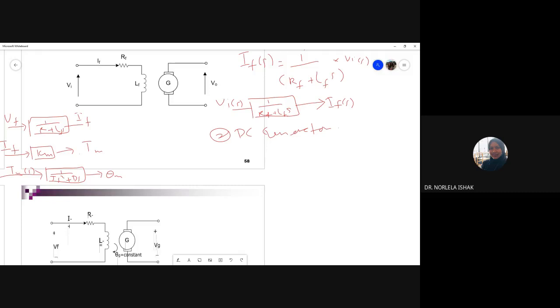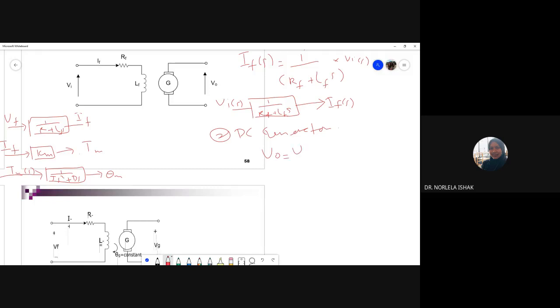V0 is our voltage generator. So, voltage generator is proportional to what? V0 is the output. So the output is proportional to what? Our DC generator will operate from which current?